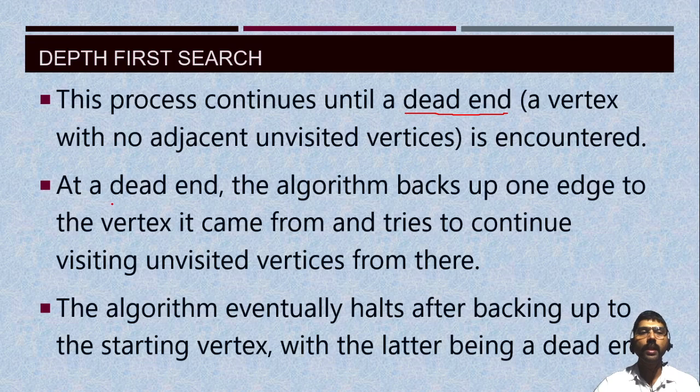Whenever we find a dead end, our algorithm backs up. It's called the backup edge. Whenever we find a dead end, our algorithm backs up one edge, back to the vertex it came from, and tries to continue visiting unvisited vertices from there.